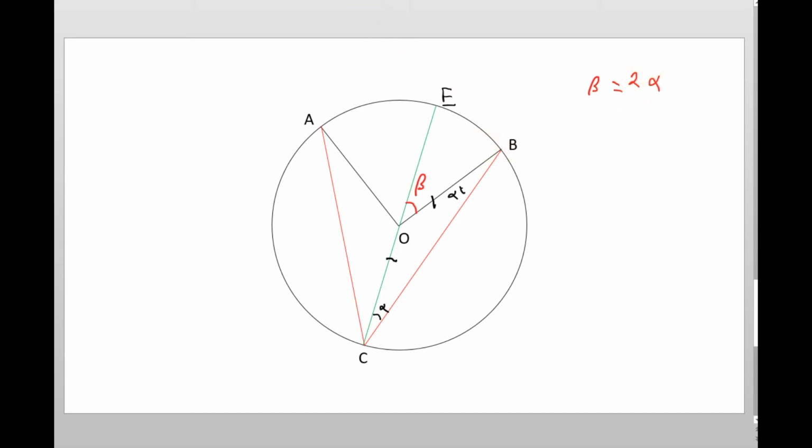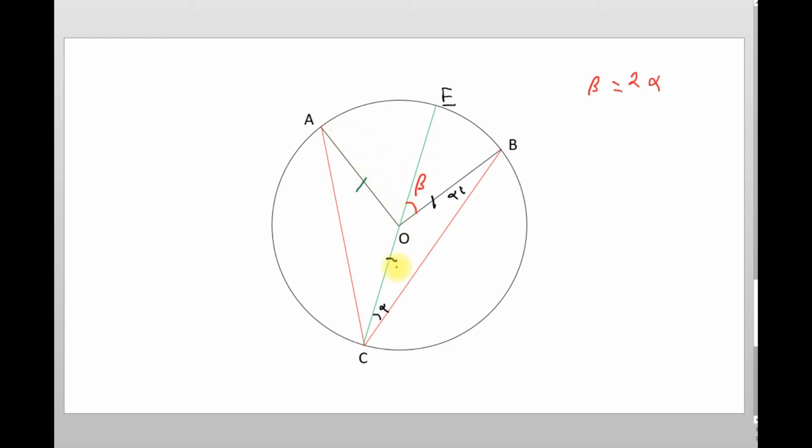With a similar argument, we can show that triangle AOC is an isosceles one because these two lengths, AO and OC, are equal in length.